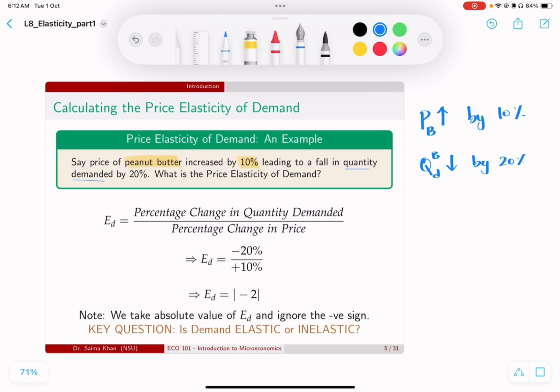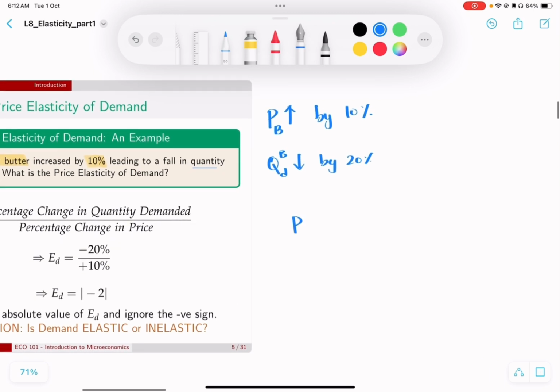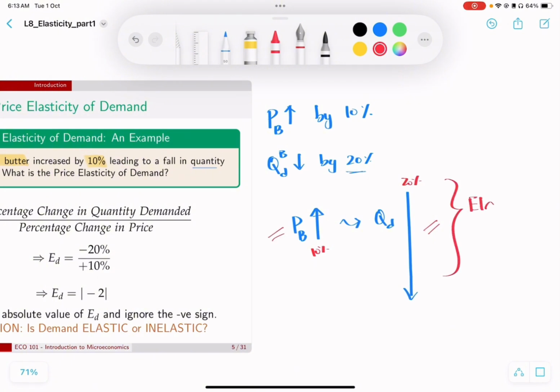If you were to just look at this, I always like to draw it to show you the comparison. So this is a 10% increase in the price of peanut butter. Look at your quantity demanded: 20% is greater than 10%. So it's basically falling like this, let's say. This is 10%, this is 20%. You can see that quantity demanded is actually responding a lot more than the change in the price. So this is an example of elastic demand. Peanut butter has elastic demand.